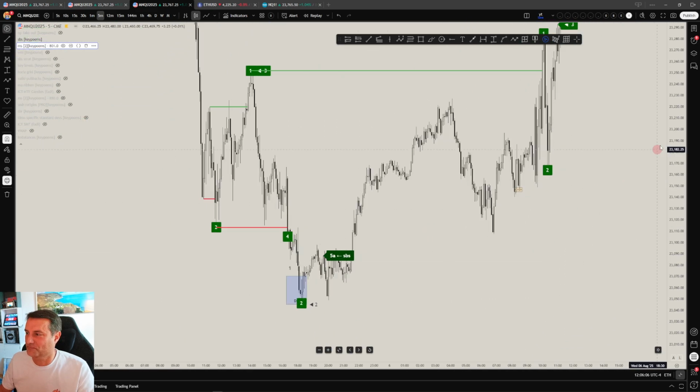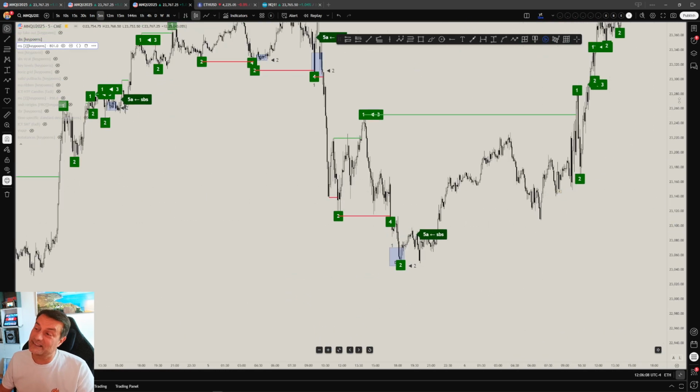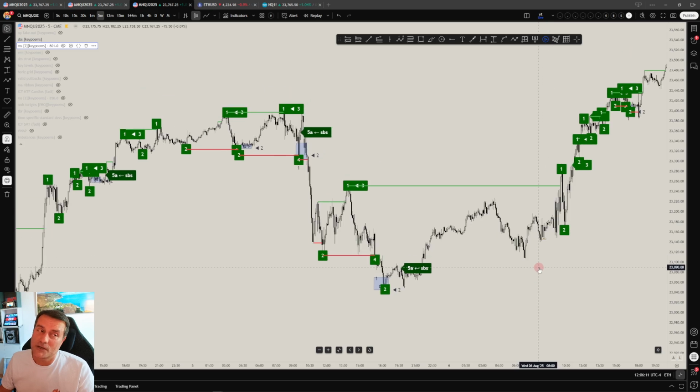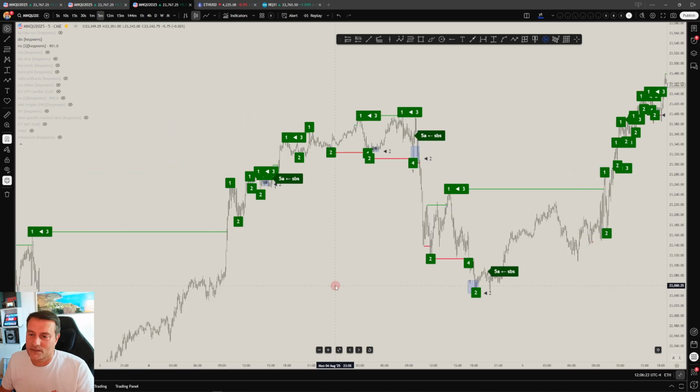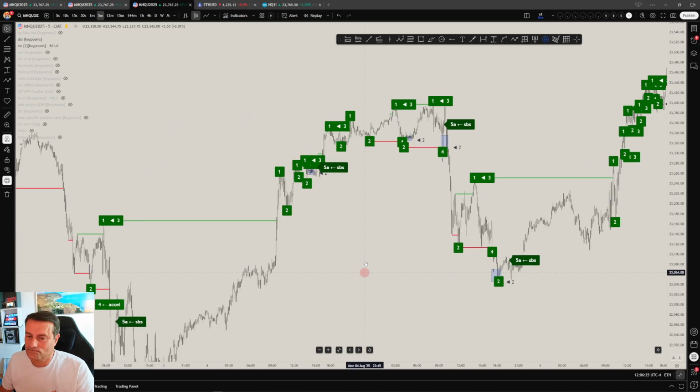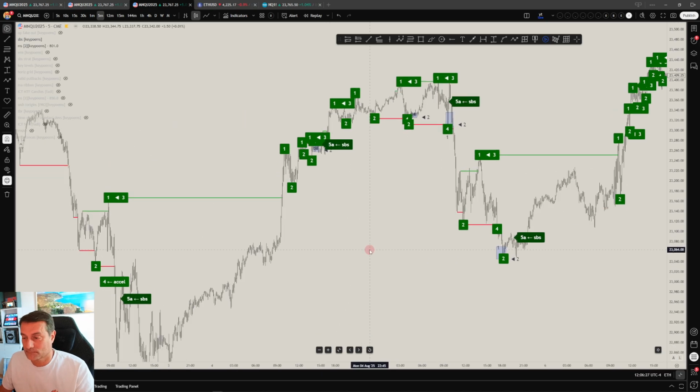Okay. Now here is where some refinement might be needed, or a human might be needed to understand if a signal does make sense or not. Because these two, where does it come from?